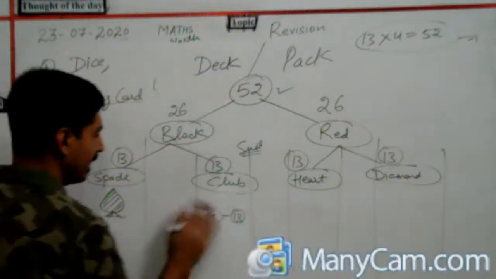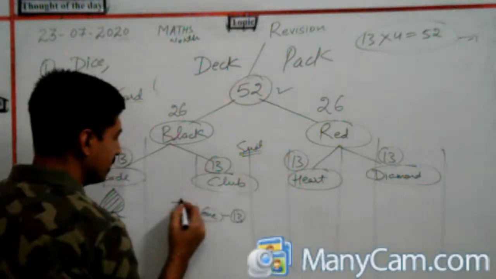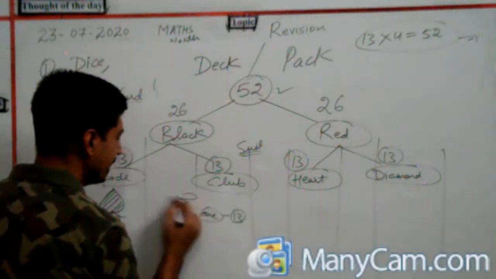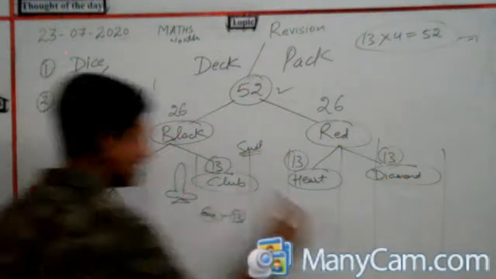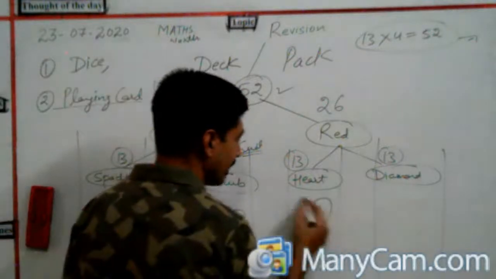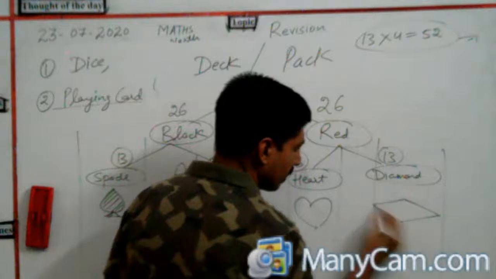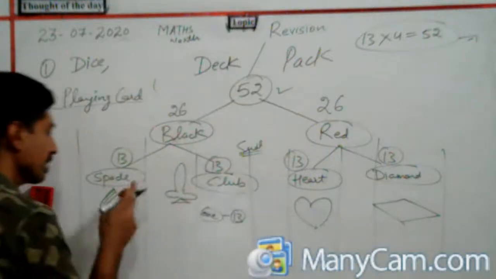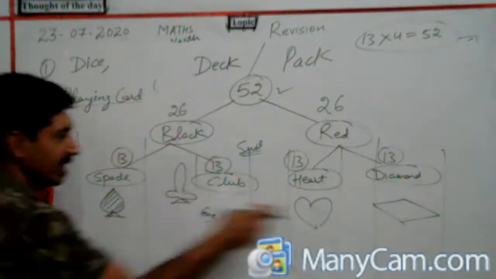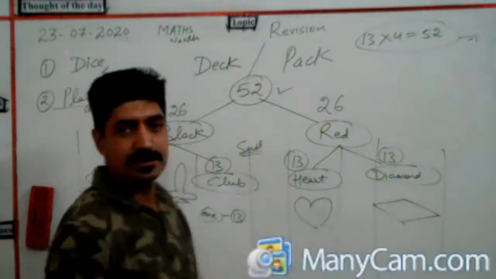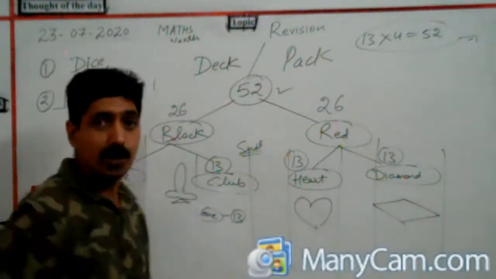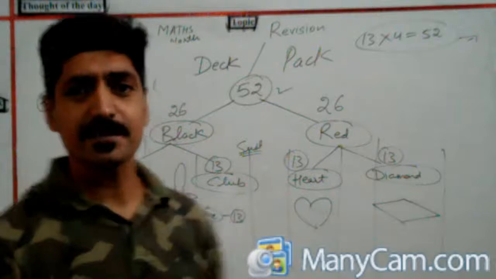The club is of this sign, whereas heart is red, and diamond is also red. In Punjabi we say hukam, chidi, pan, eent.